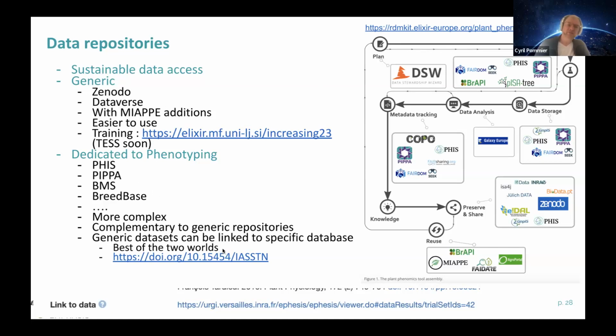By doing so, you've got the best of the two worlds, with both a representation of the complex data and a link available on the long term on the generic repositories. Here I've put an example of this approach. And it can be seen here. So this is a screenshot from a Dataverse where you've got this link to data here to GMPIS.